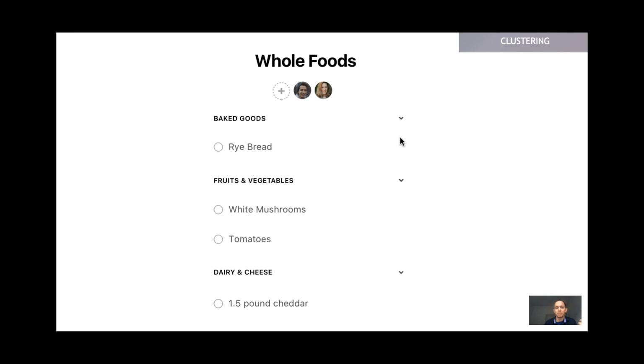For example, if you go to an online supermarket, you would see baked goods like rye bread, any kind of bread, fruits and vegetables, where you can see mushrooms, tomatoes, other kinds of fruits, dairy, cheese, and so on. So that's categories, clustering, and it makes it easier to understand.